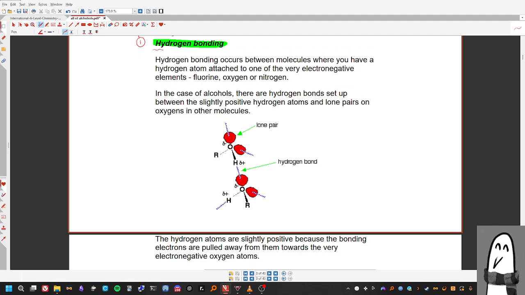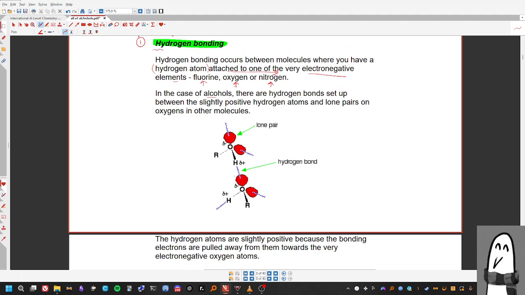So hydrogen bonds, what are they? They usually occur between molecules where you have a hydrogen atom attached to one of the very electronegative elements, which is fluorine, oxygen, or nitrogen. In the case of alcohols, hydrogen bonds are set up between the slightly positive hydrogens and the lone pairs on the oxygens in other molecules.